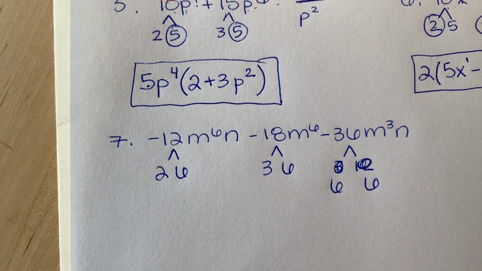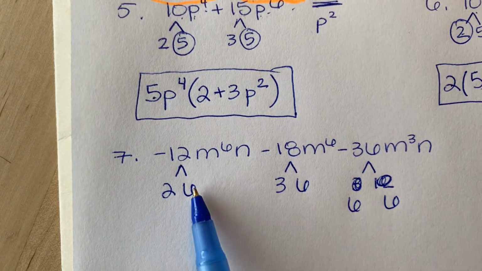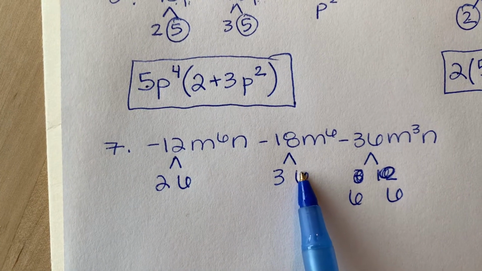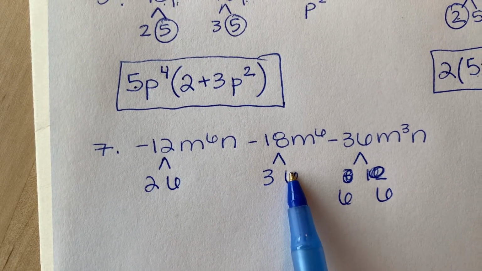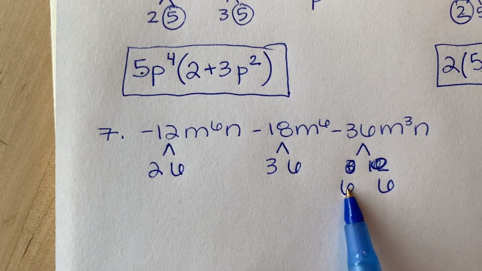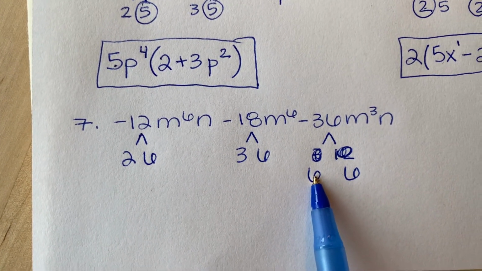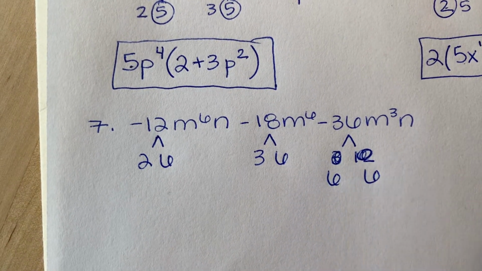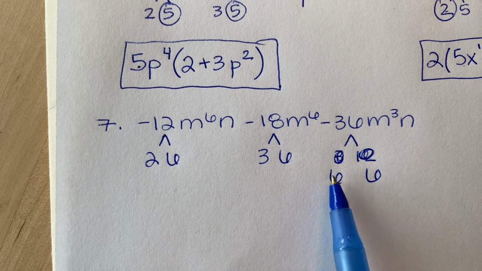All right, why did I do that? Notice I have a 6 here. I have a 6 here. I didn't have a 6 here with the 3 and the 12. So let's make the 6 then. The other factors of 36 are 6 and 6, right? 3 and 12, 4 and 9, right? So we went for the 6 and the 6.